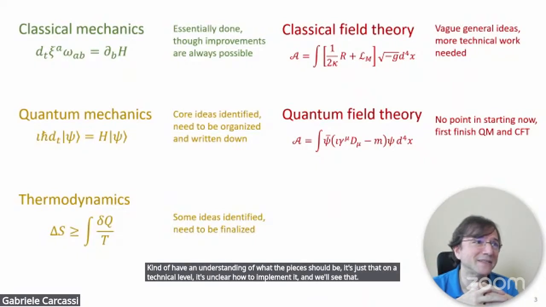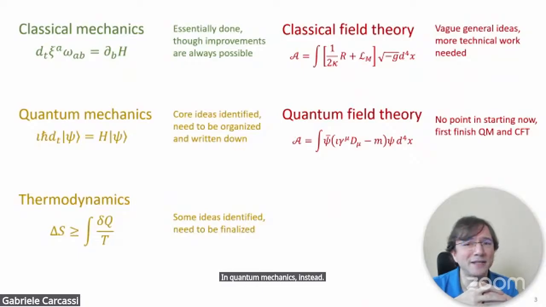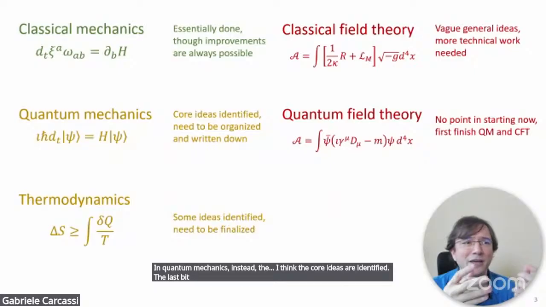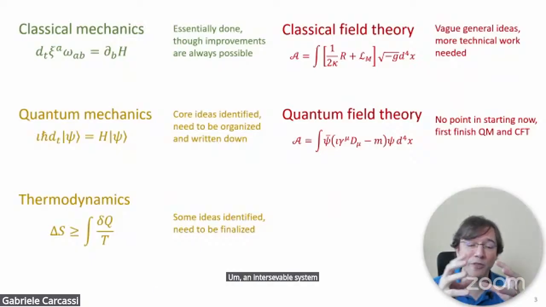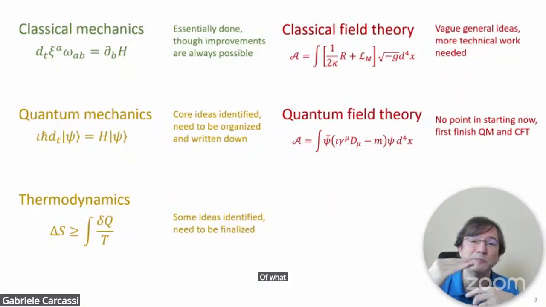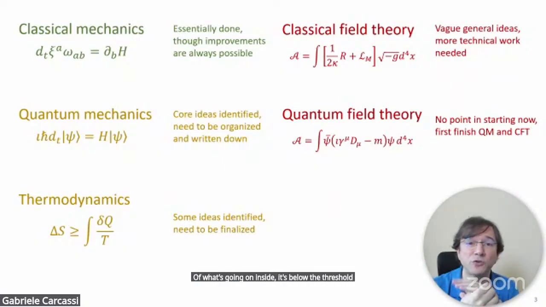In quantum mechanics, instead, I think the core ideas are identified. The last bit was the classical limit, and that really gives us confidence that the only thing that changes is this lower bound of entropy, which basically means an irreducible system. There is a hole, but the description of what's going on inside is below the threshold of what you can detect.